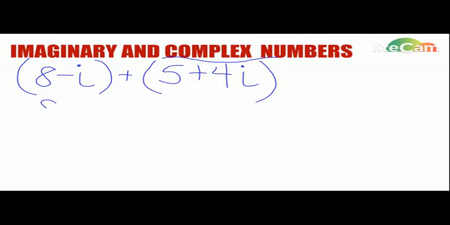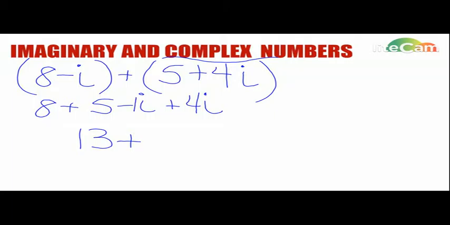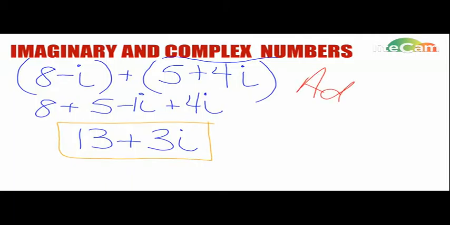Let's go ahead and talk about adding these together. An i is going to work like any other variable or number. It has to follow some of the same rules, including like terms. So if I do 8 plus 5 is 13, and then add the 4 and the negative 1, I'll get 13 plus 3i, which is a complex number right here. I can do this, I can add or subtract.